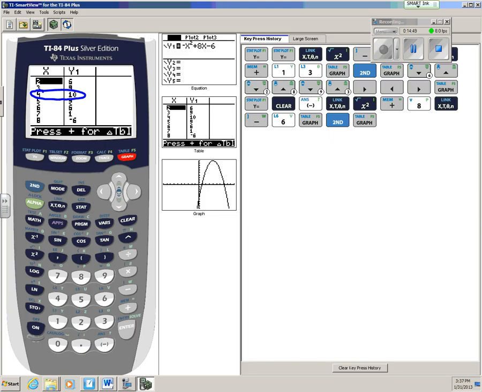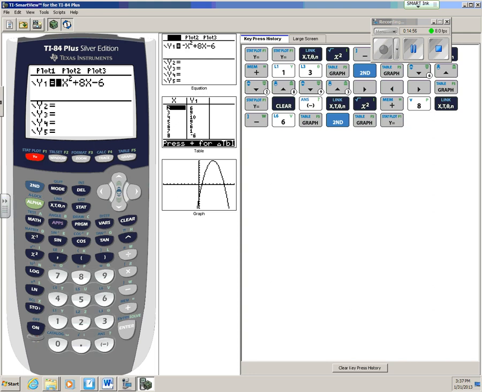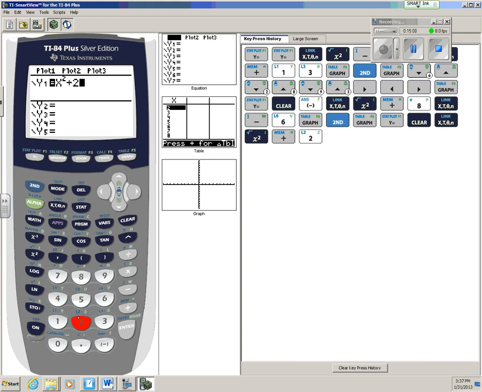Let's do a quick calculator check real fast. Let's go to y equals, clear this out, and let's see. We've got y equals x squared. I feel like I said something wrong again. X squared plus 2x minus 35.